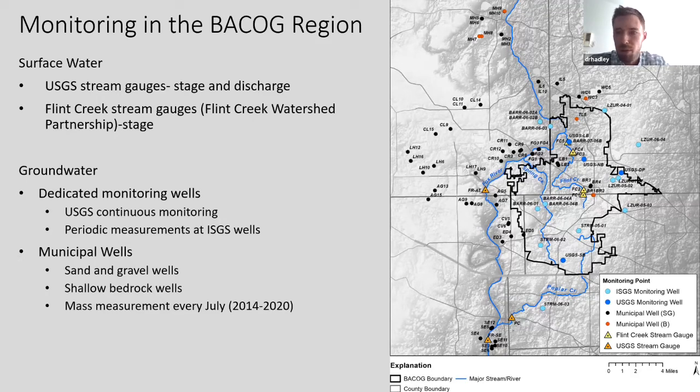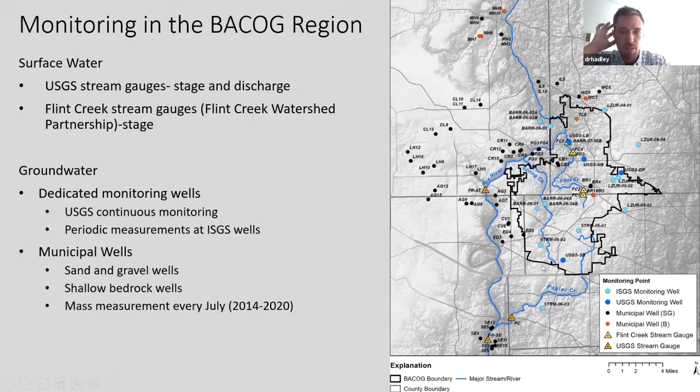In terms of groundwater monitoring, there's a series of dedicated monitoring wells within the BACOG boundary and outside of it. And most of those wells were drilled by the Illinois State Geological Survey, and that's all these pale blue dots here.